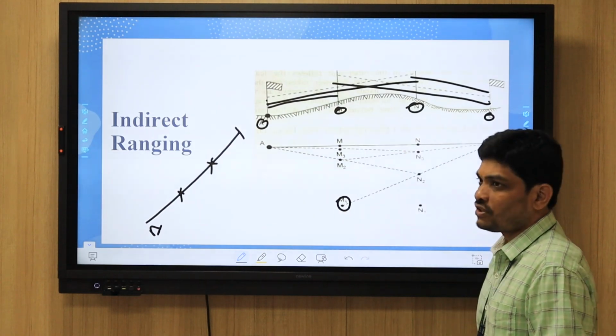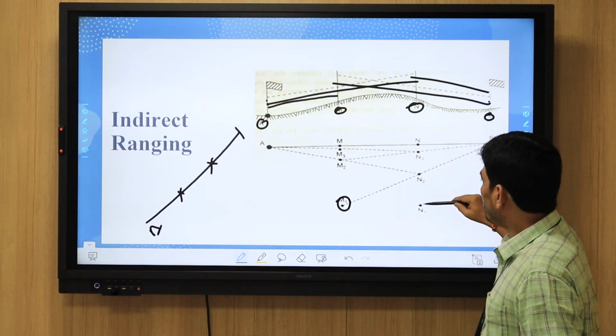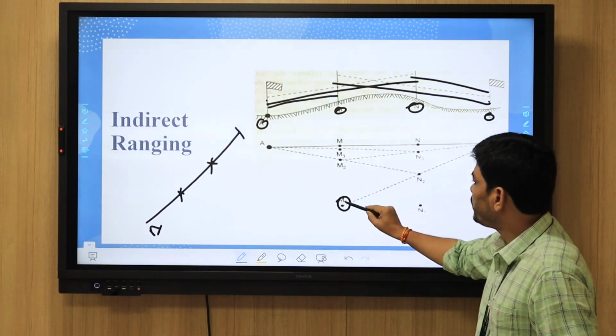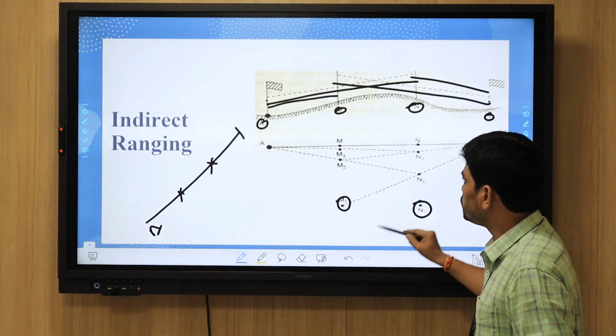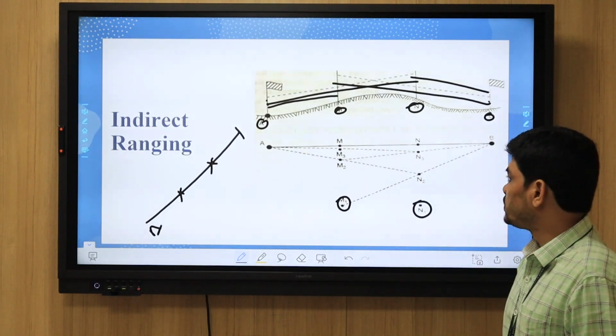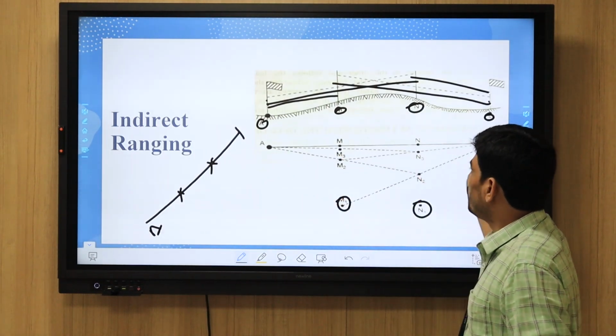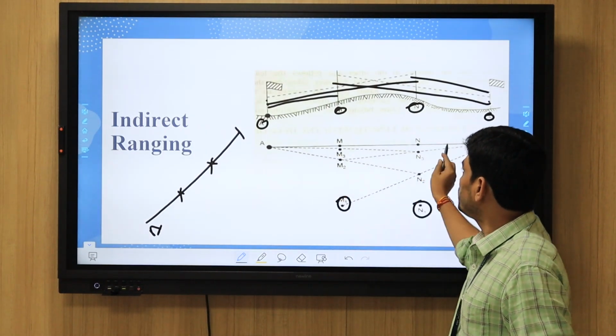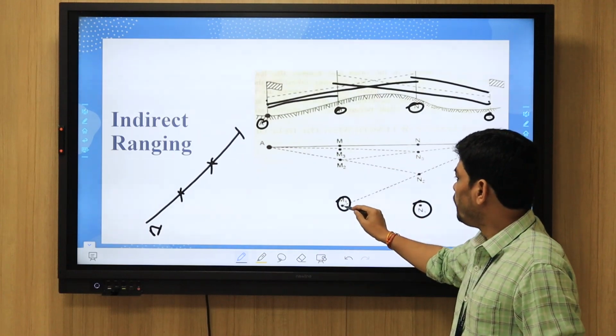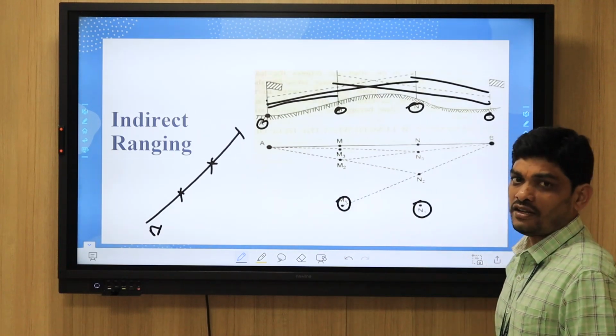This ranging rod, N1, they are moving. Initially they kept them at M1 and N1, at this position. This is the side view. From the top view, if you see A and B, we should identify the center of this line. From the top view, M1 and N1 we kept like here initially.